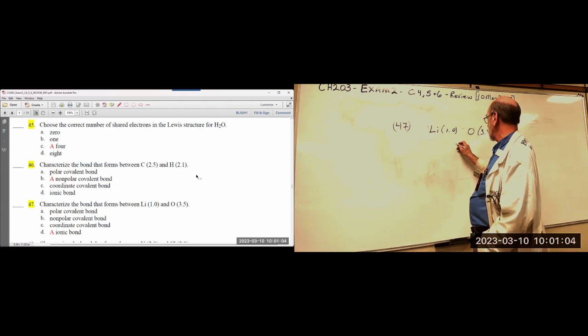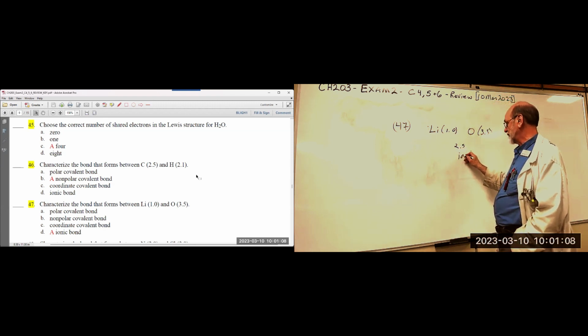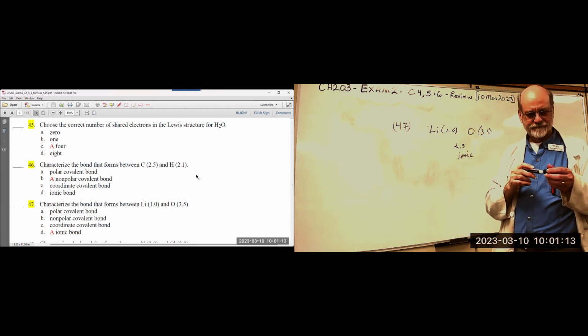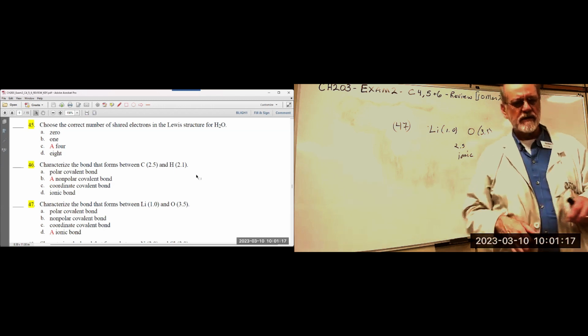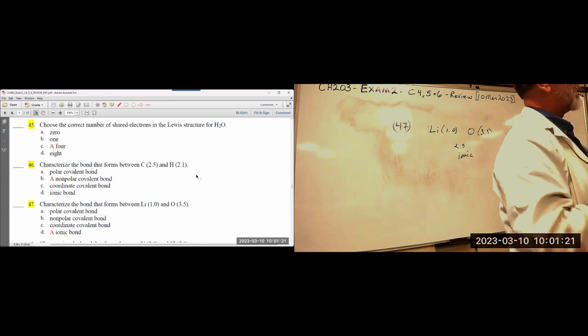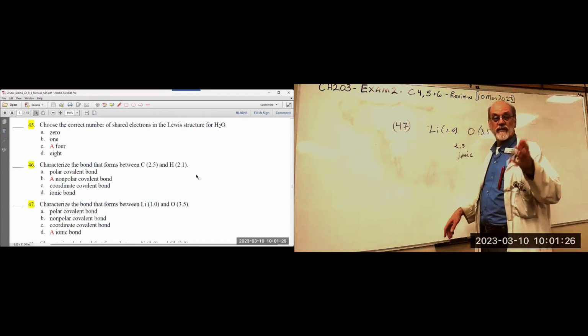So the difference is 2.5. That's definitely ionic. And you can also look at how far apart they are on the periodic table. Oxygen's way over to the right, lithium's way over to the left. That's got to be an ionic bond, whether you know the numbers or not.